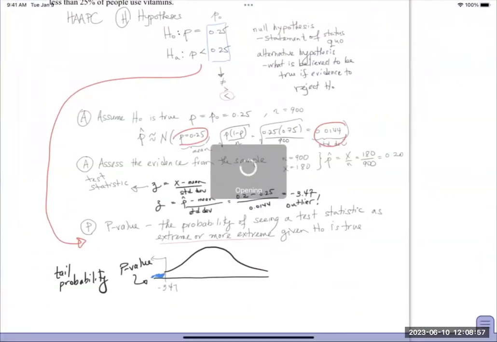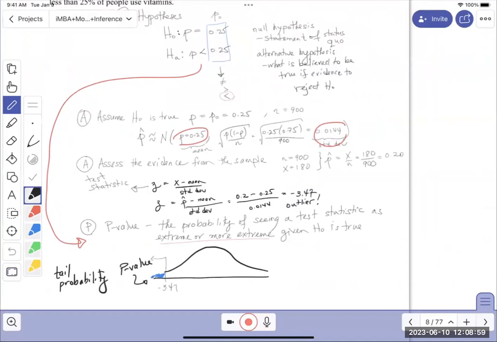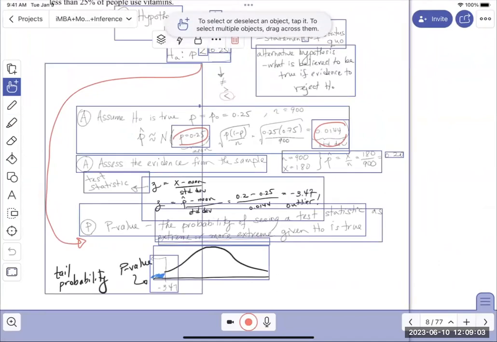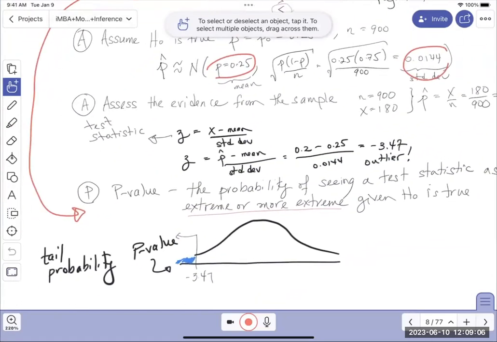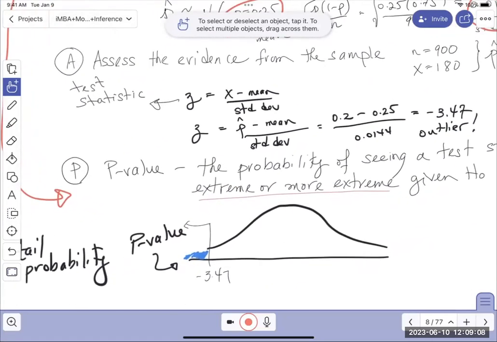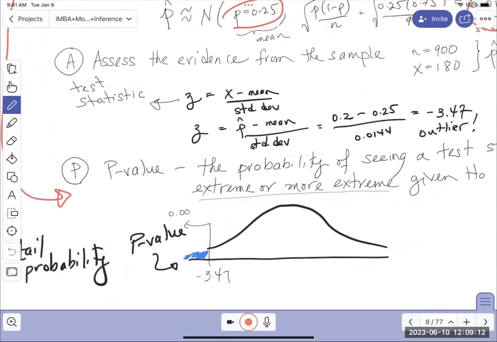So the p-value is actually equal to .0003.